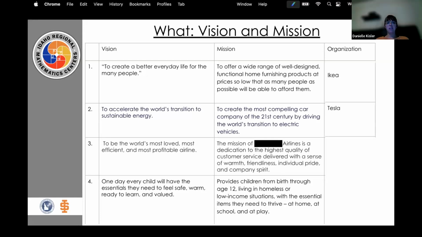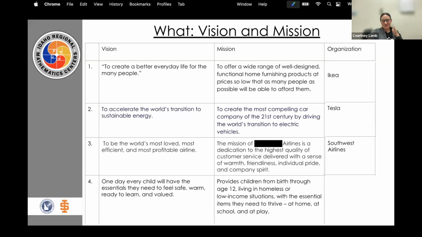Is it Spirit? Isn't there a Spirit Airlines? Southwest. I've flown Spirit and it's not so good, so I hope Spirit... because they're not living up to their mission. Anyone else? We have Southwest, Delta, Spirit. American Airlines? Oh, it's Southwest. It is actually Southwest. Yes.